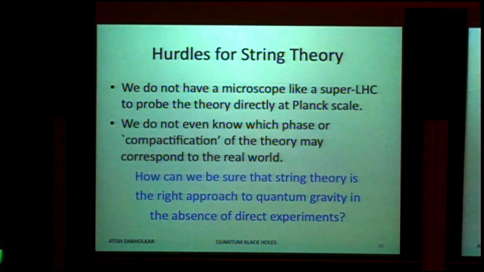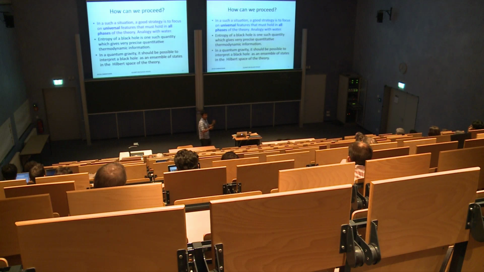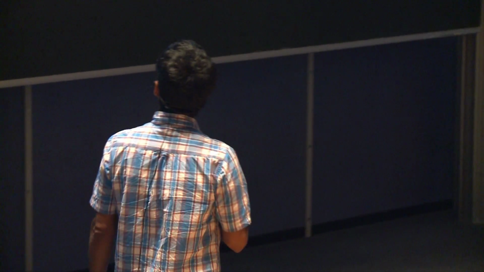And that's where actually the black holes and the wonderful properties of black holes that people have discovered come to help us. In such a situation, a good strategy is to focus on universal features that should hold in all phases of the theory. So if something is true in the water phase as well as in the vapor phase, then we can check whether it is correct or not and conclude whether our Hamiltonian for water is correct.